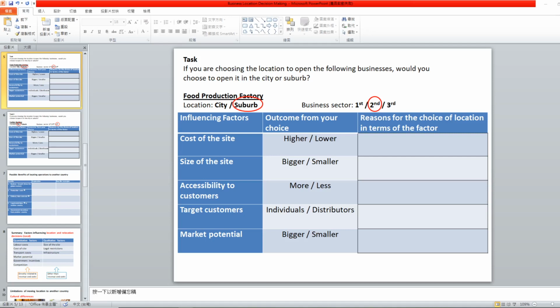So it's talking about the market potential when you are setting up your business, let's say in the suburb. If you are setting up the business in the suburb, what are you going to expect for market potential? Is it clear?